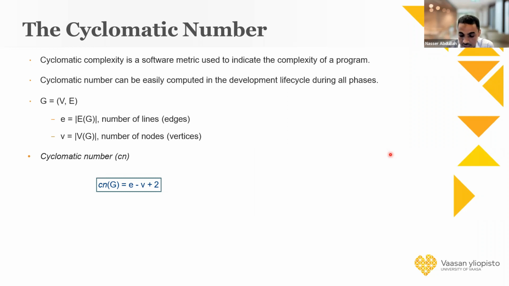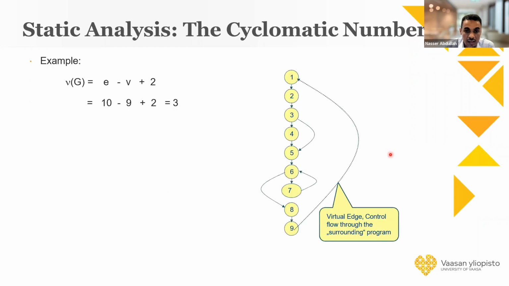We see how many edges and how many nodes we have, and the number of edges minus the number of nodes plus 2 gives you the cyclomatic complexity.